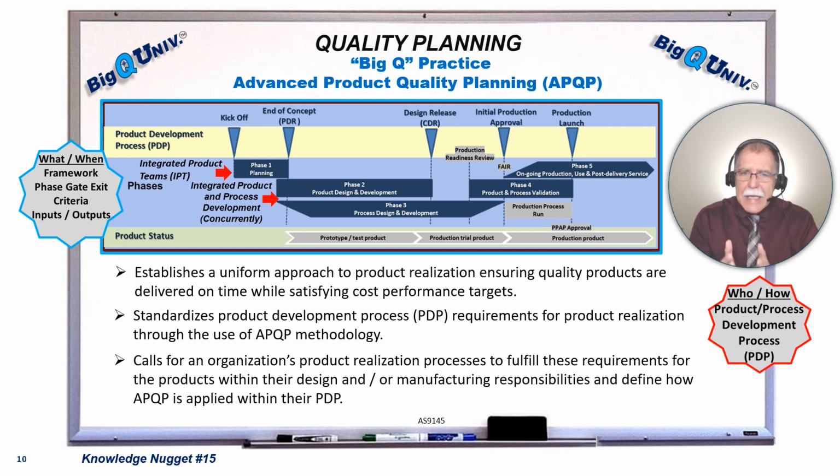Now, it's very important that an organization establish, maintain, and continually improve a highly effective concurrent product and process development process within their quality management system that includes defining how APQP as a methodology and the requirements of each of the five phases will be applied within their product development process.